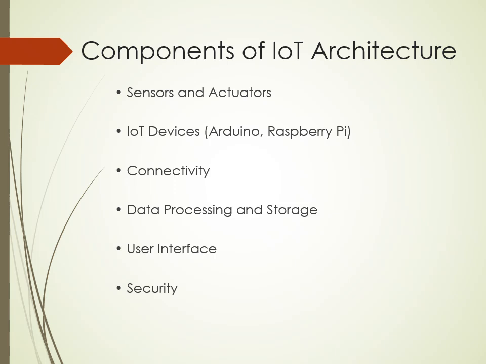The third one is connectivity, which can be done by using wired or wireless networks. The next one, data processing and storage using cloud or edge computing. The next one, user interfaces like application interfaces, mobile apps, or dashboards. The last one, security mechanisms, including encryption, decryption, etc. All these components work together to form a complete IoT system.